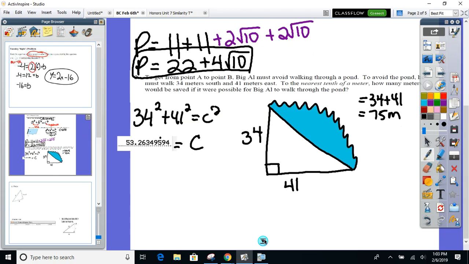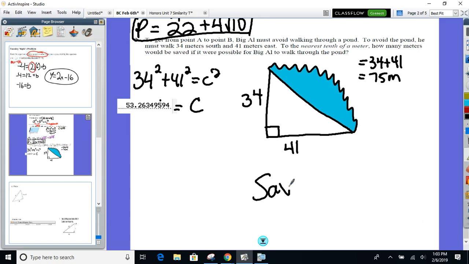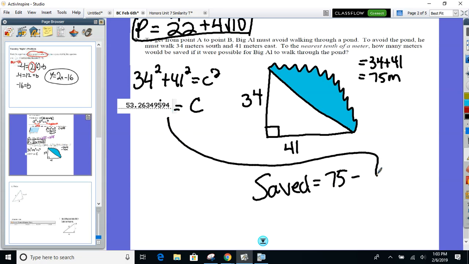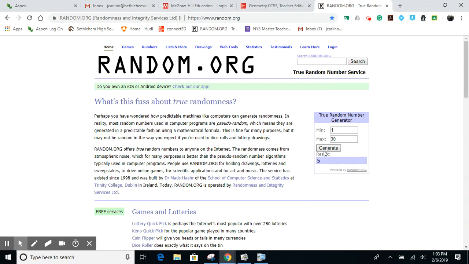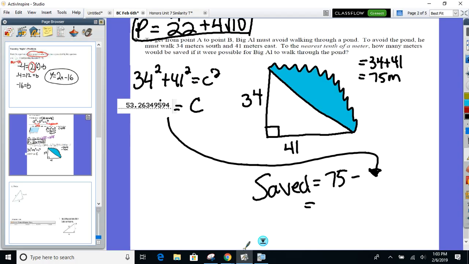So saved distance. I'm going to take that 75 he walked and subtract what it could have been if he could walk on water. And to the nearest tenth, what are we looking at?